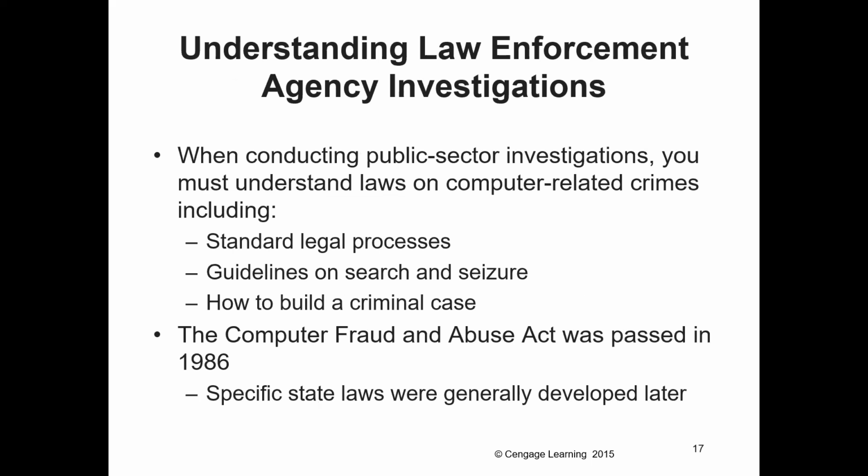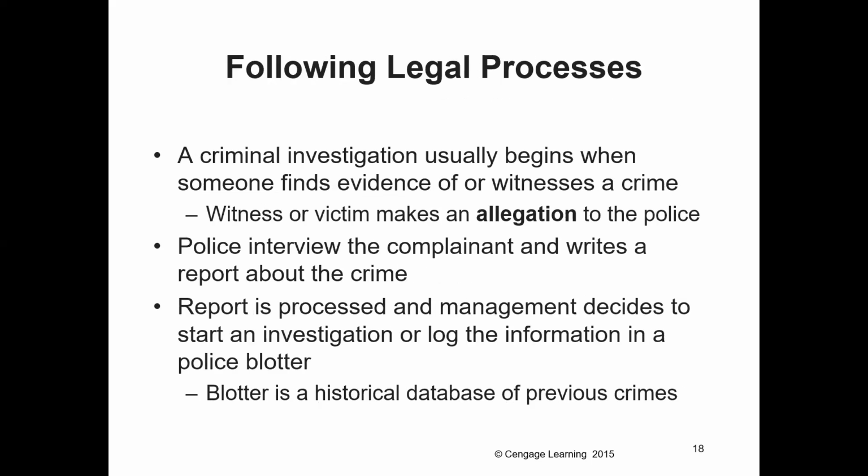And of course, if it's government, we always look out for what our policies are, especially the computer and other acts that we have in Uganda. We look at the acts that are there, and we follow procedures. The witness or victim must make an allegation to police. Someone must come and complain. A whistleblower, in government, they call them the unwanted witness.